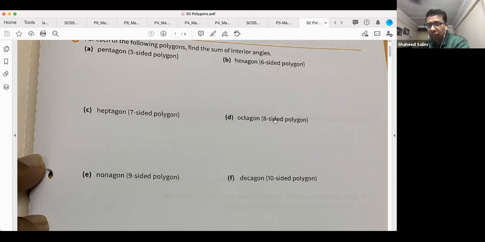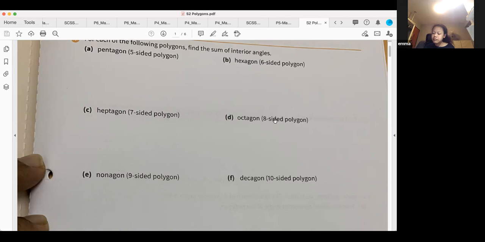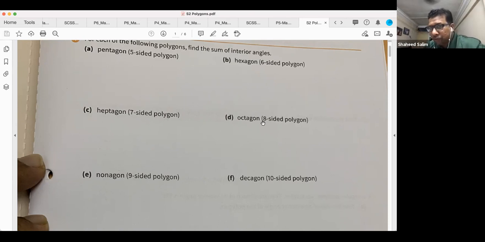Formula: n minus 2 times 180. N is 8 here. 8 minus 2.